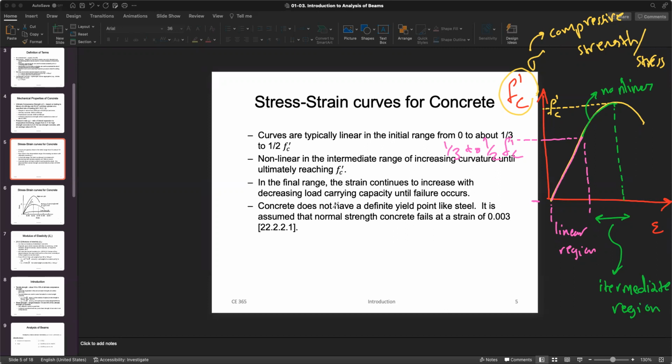In the final range, the strain continues to increase with decreasing load capacity until failure. So that's the final range, right? Final range here.